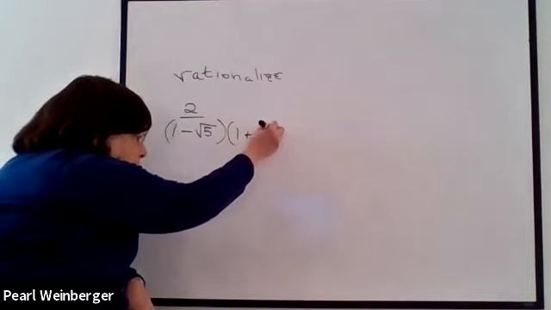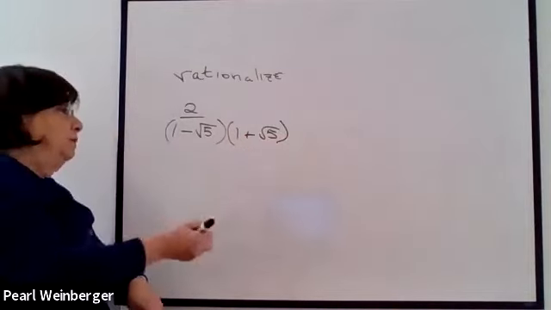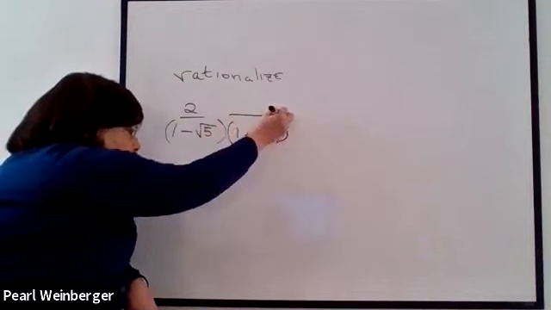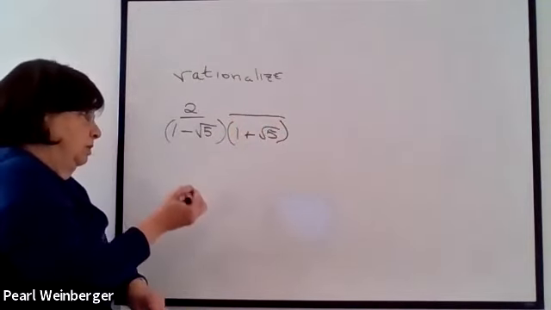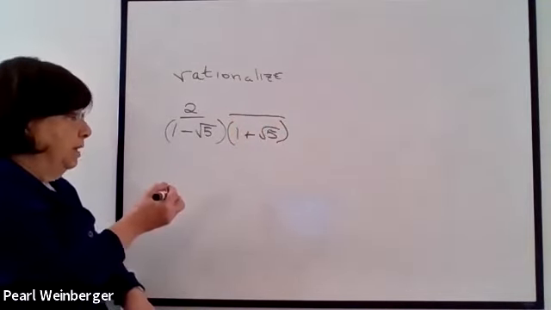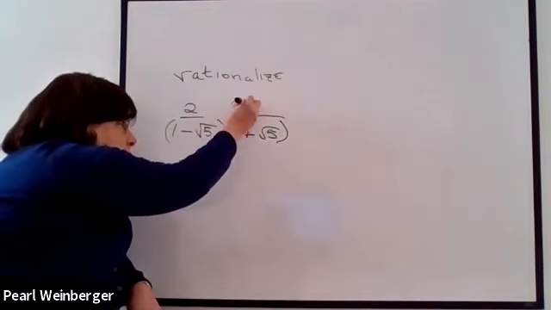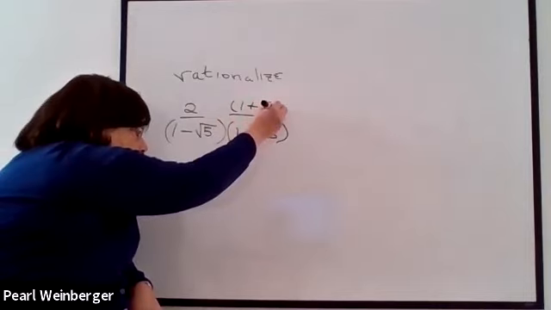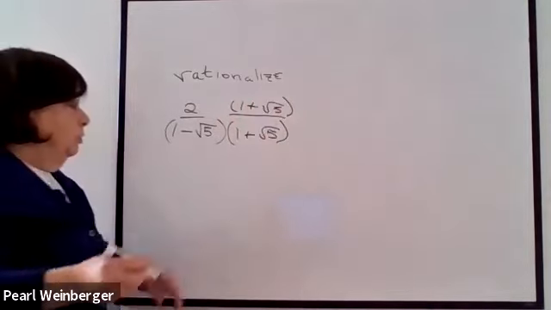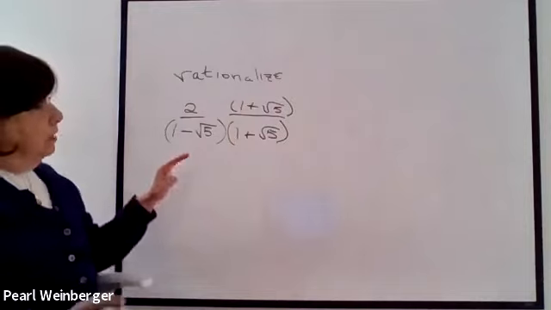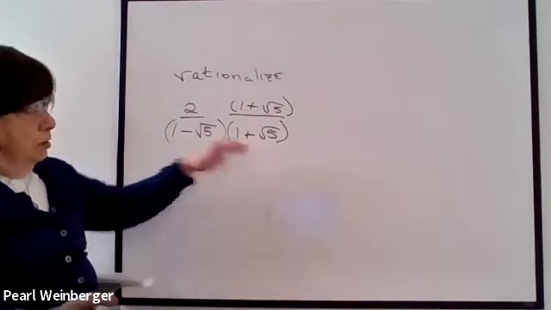It's the identical binomial with the opposite sign. Of course, whatever I do in the denominator, I have to do the exact same thing in the numerator. So I decide to multiply by the conjugate.